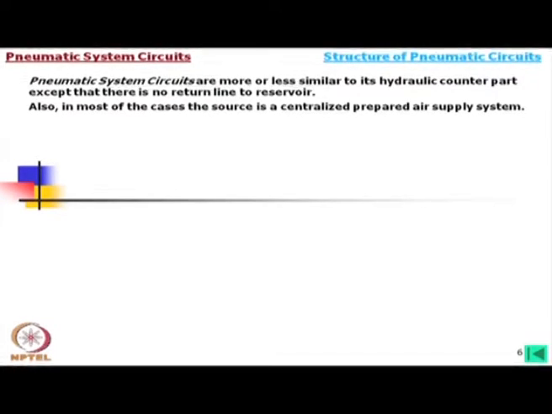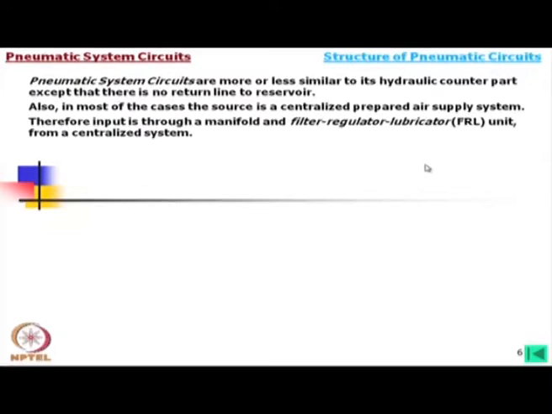Otherwise, we will normally find a centralized system. So, whatever circuit we think of, we are tapping an air source from a centralized system. This means that we have to accept that at inlet the pressure will be within a range. We may not always have the desired pressure.